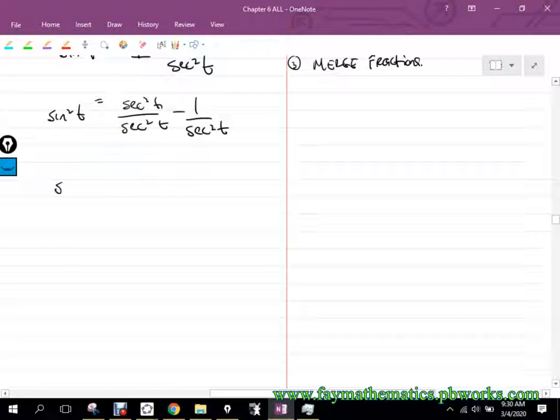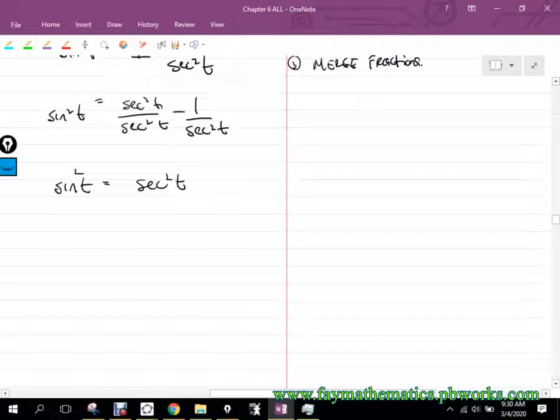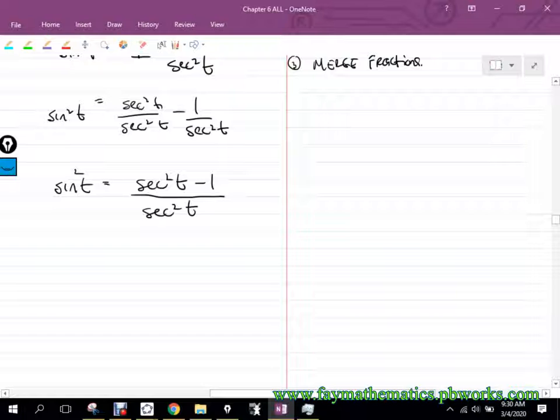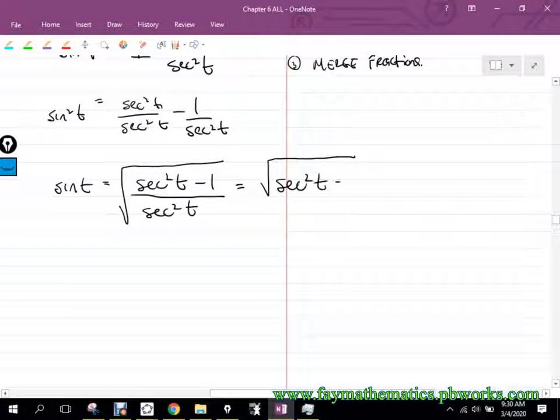So now I can go ahead and rewrite that as sine squared of t is equal to secant squared t minus 1 over secant squared t, right? Now what? Square root. Square root is going to give me sine of t. Well, square rooting that numerator, I should have a plus or minus here.